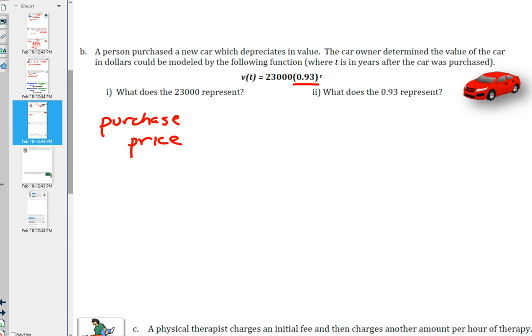What does the 0.93 represent? The decay factor. I think we've also heard one of the sheets call this the split factor, even though it's not really splitting. They use that more for half-life. Split in half, but decay factor.